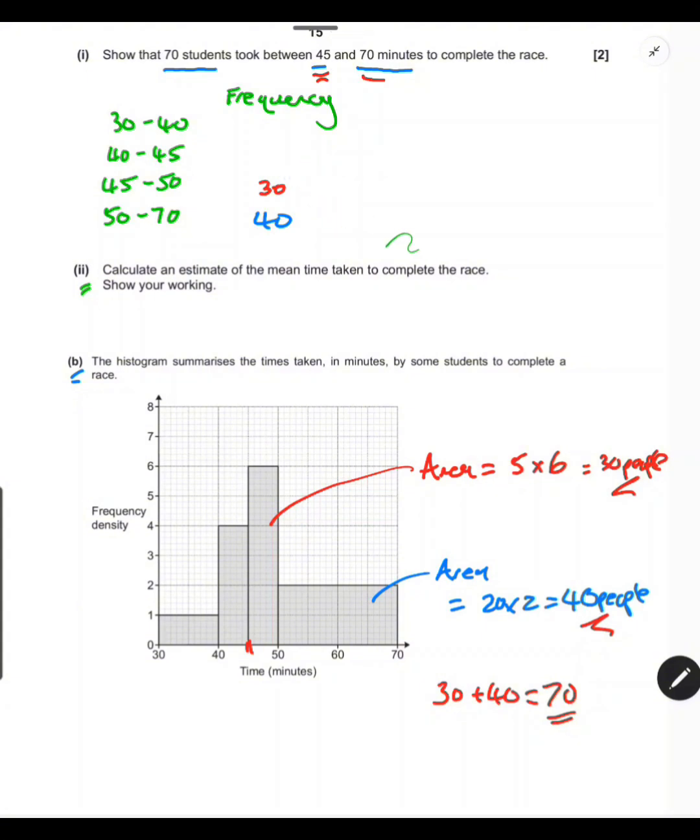And you can see I've already put the frequencies, the amount of people that I just worked out in the first part of this question.